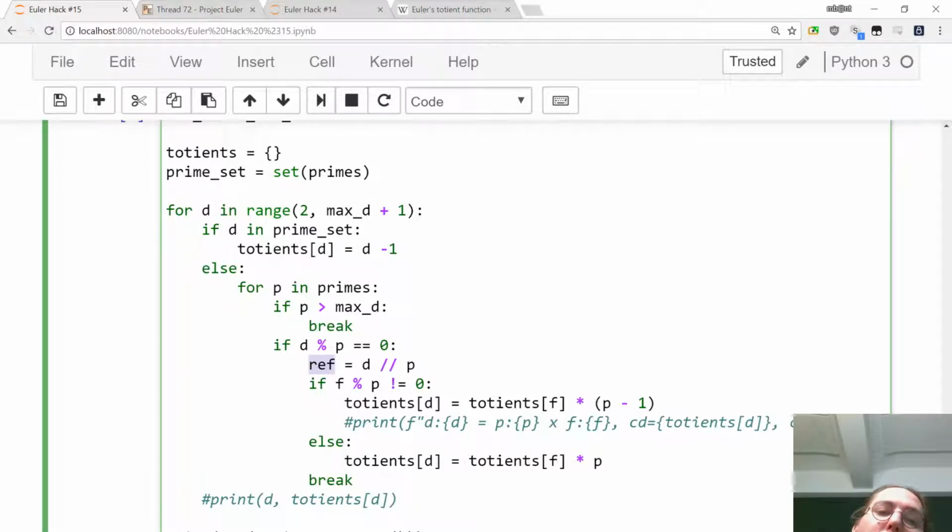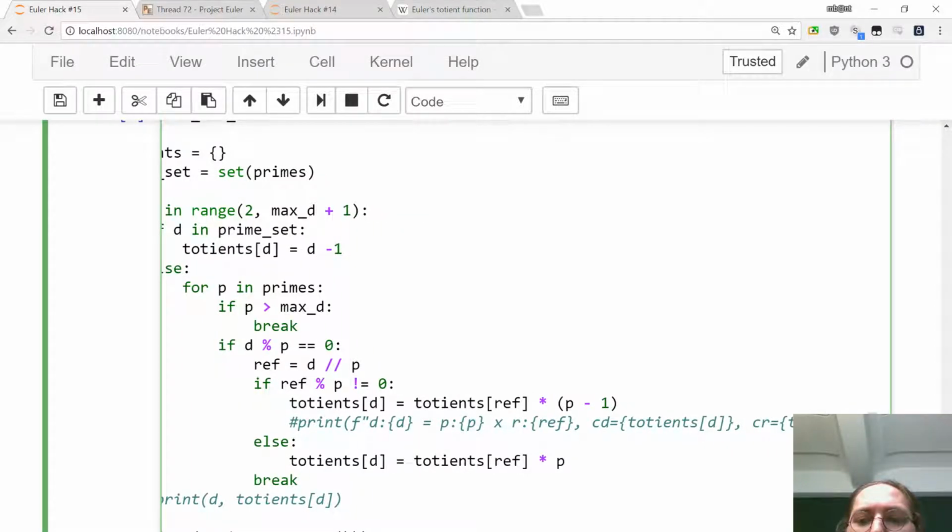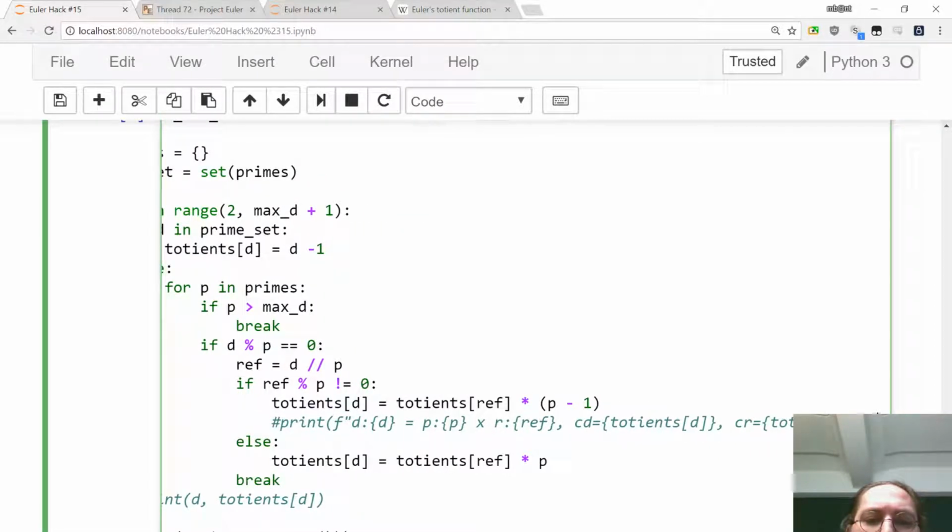And you need to have that a few more times. Why reference? What is ref? Because you find a prime and you just have a reference. You mean because we are doing a lookup in the totient dict, because we already calculated that? Yeah, totient. Well, apart from that... oh no, sorry, forget it.